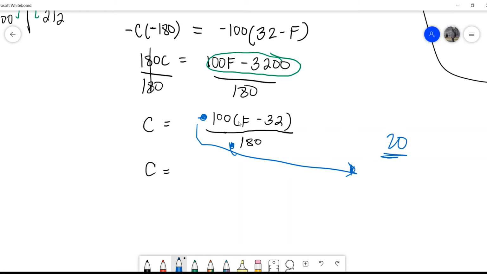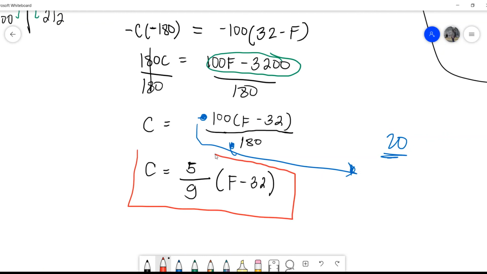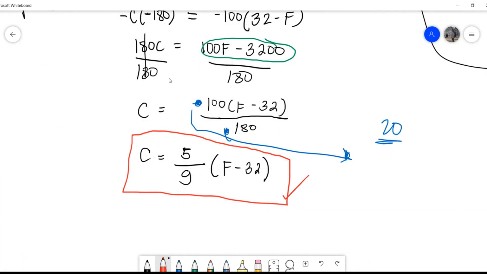Dividing both by 20, 100 divided by 20 is 5, and 180 divided by 20 is 9, multiplied by F minus 32. So there we have it. If this equation looks familiar to you, then we have proven that interpolation is used to convert temperature. For the degree Fahrenheit, I leave it to you for the computation.